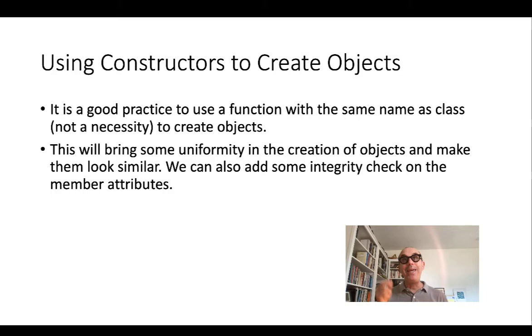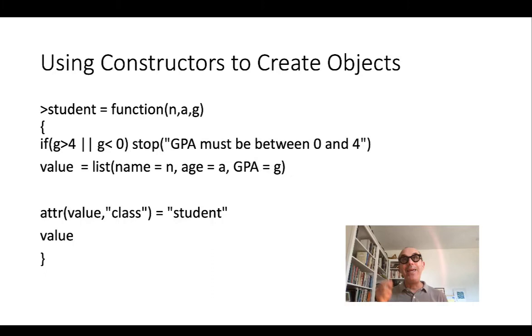Using constructors to create the object is a good practice, using a function with the same name as the class, but not necessarily required to create an object. This brings formality to the creation of an object and makes them look similar. You can add some intelligent checks on the members of the attributes.